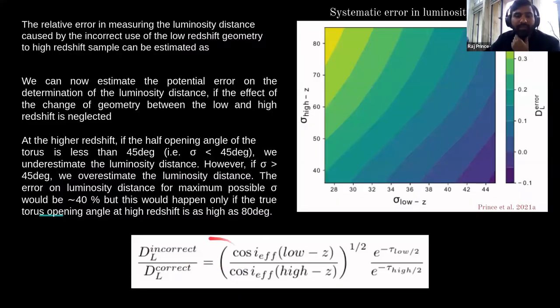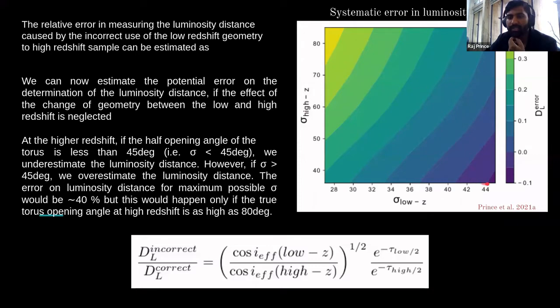So here we assume that at lower redshift, we know the correct luminosity distance of the source, and we know the correct structure. Then if you are using the same structure for a high redshift source, how much error are we making in the luminosity distance? In the plot, I show the opening angle for high redshift sources and for the low redshift sources.